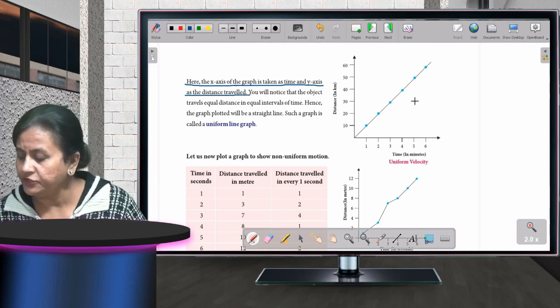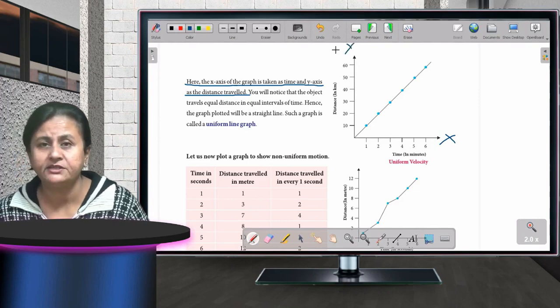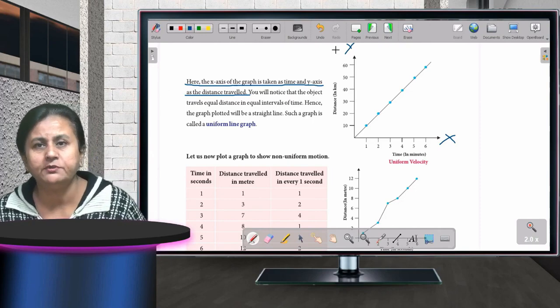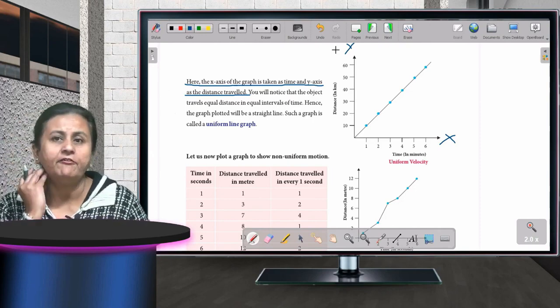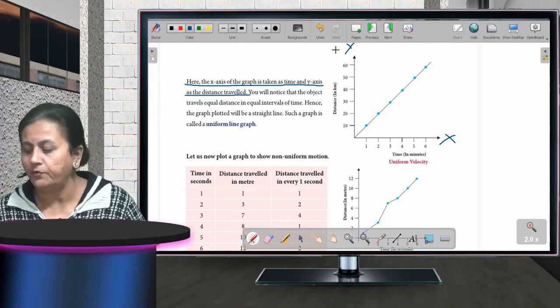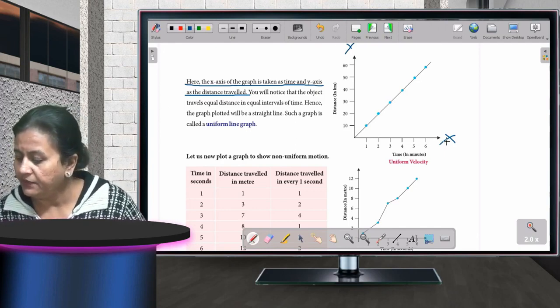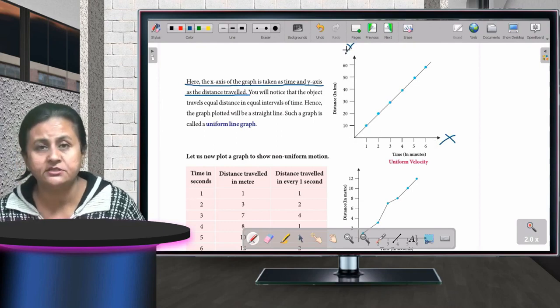This is the x-axis and this is the y-axis. You must have earlier used this graph paper in your maths, so you must be having an idea. The graph is actually divided into 4 parts. On the x-axis you will take time, and on the y-axis you will take distance traveled.